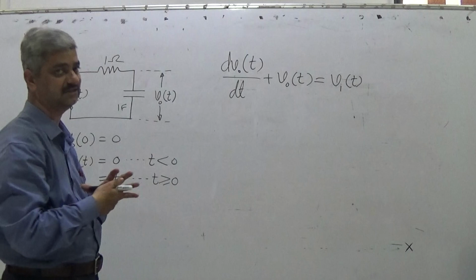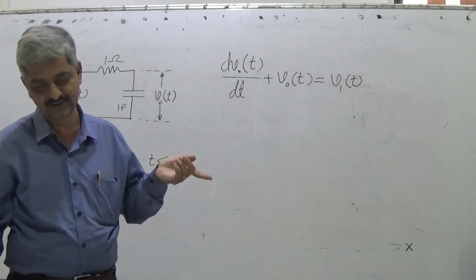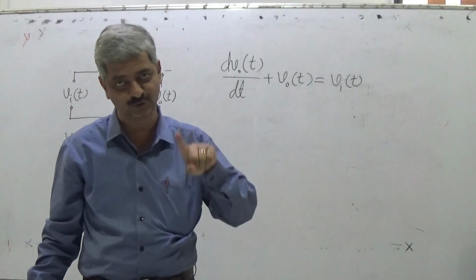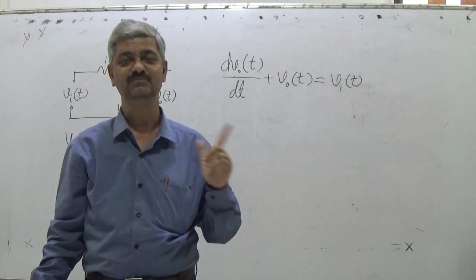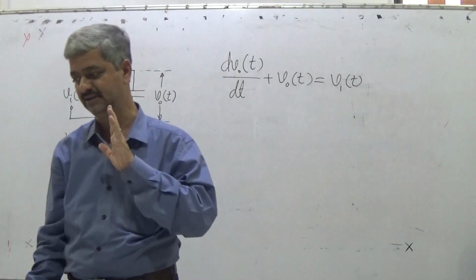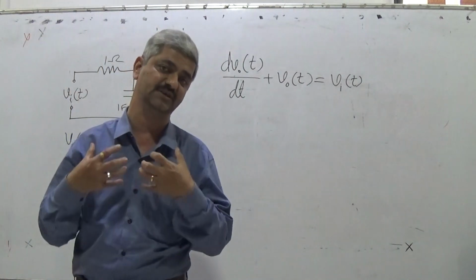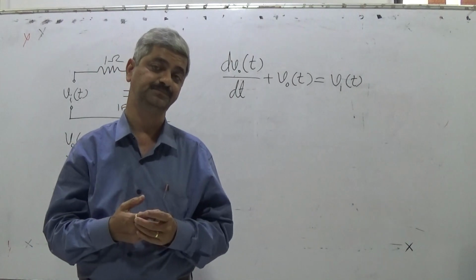There is a differential relationship such that the derivative of output plus output is equal to input. Listen very carefully. I will try my level best to give everybody a feel of solving differential equations.